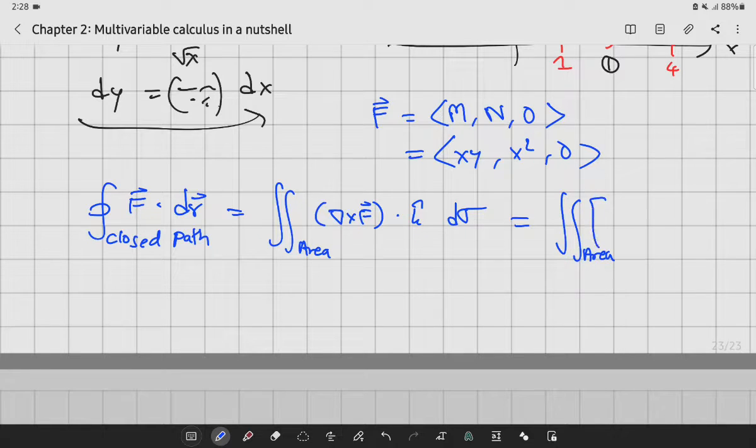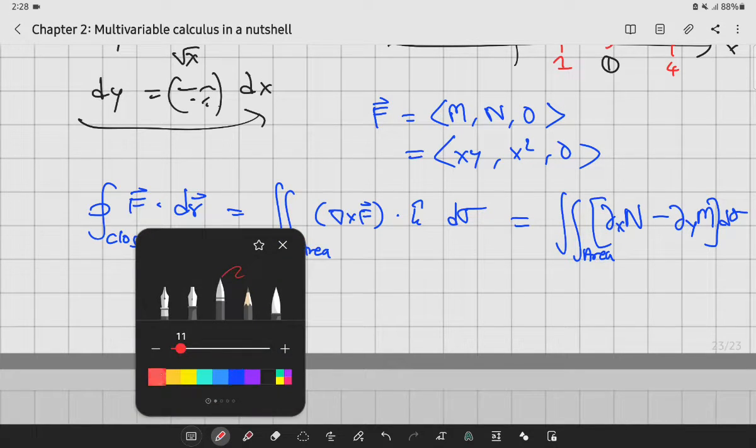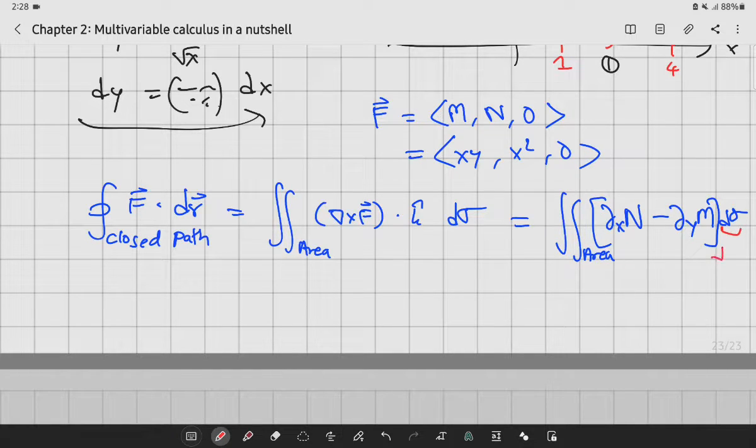This is simply going to give me, as we discussed, the area integral of partial x of n minus partial y of m d sigma, where d sigma in this case must be equal to dx dy, because we're in the Cartesian plane. Okay, so how do you remember this?